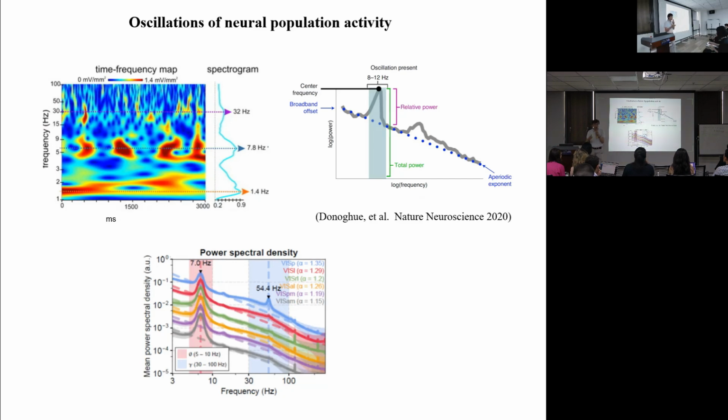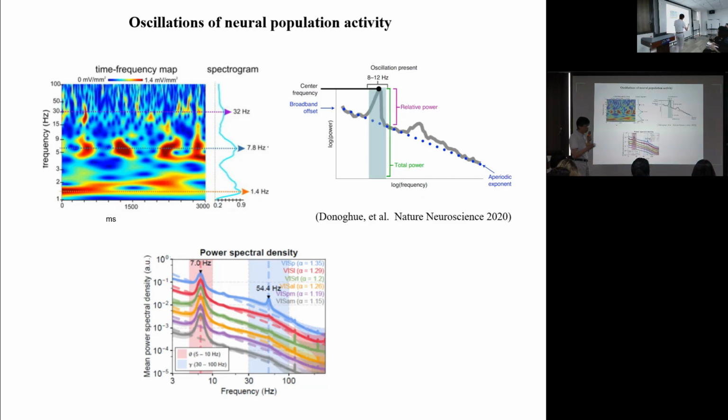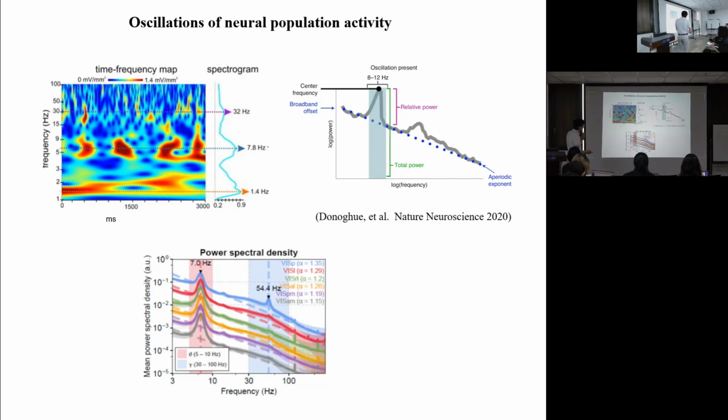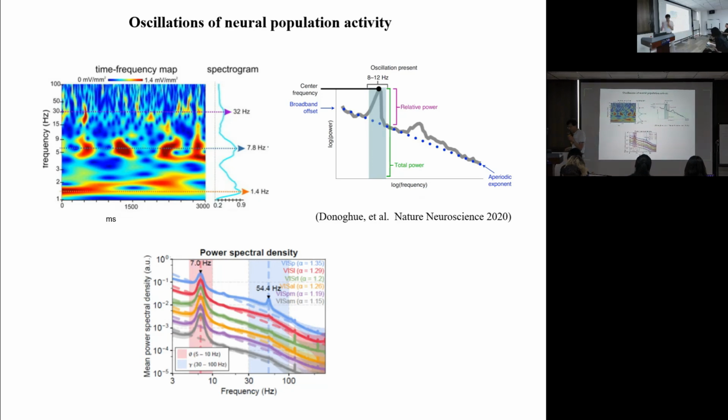So if you want to develop a theory, your theory should be able to explain peaks, the oscillatory component, and also 1 over f, this sort of dynamics, simultaneously, okay? That's something I'm going to talk about in my second lecture. This is from a human EEG, and this is from Neuropixels data across different cortical areas of mice.